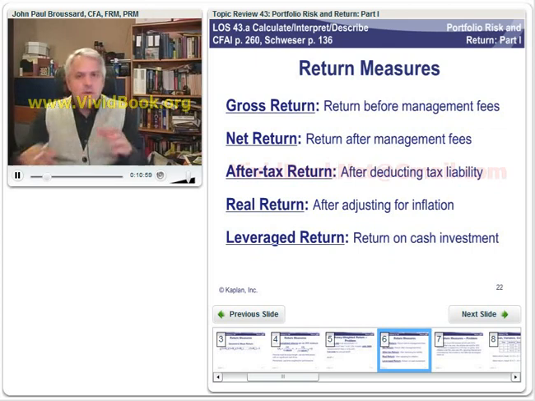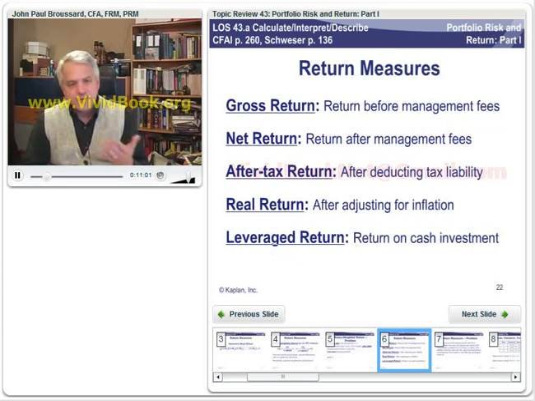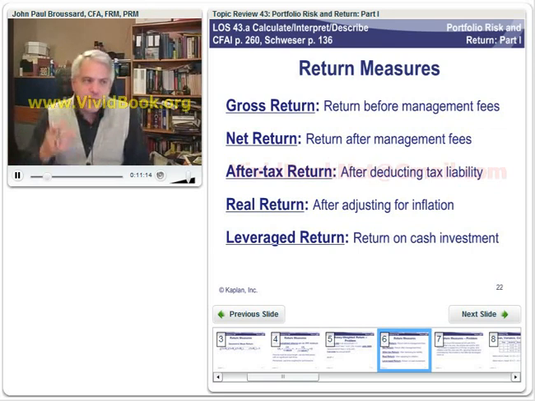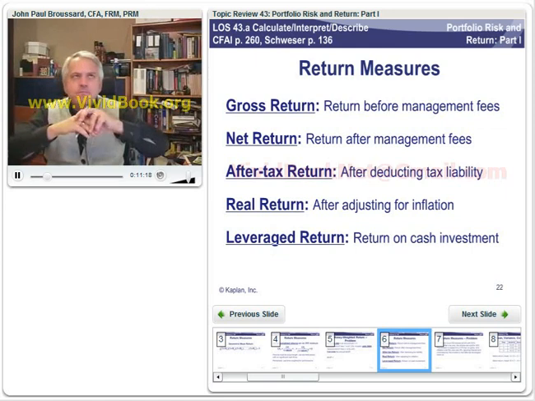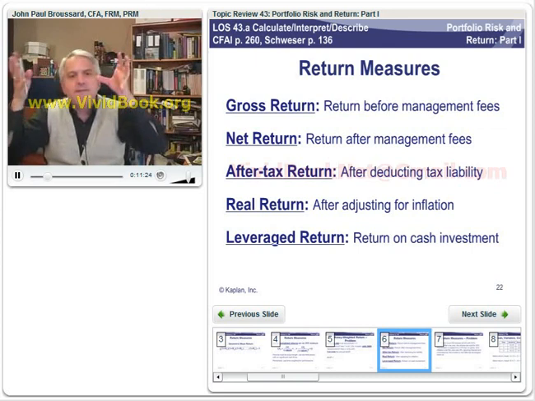Now, there are various ways that we can do these calculations. We can do the calculations on a gross aspect, a net aspect, an after-tax aspect, a real aspect, a levered aspect, etc. And the idea is for you to remember what you take away from, if you want to think about it, the rawest, simplest number from a valuation perspective.